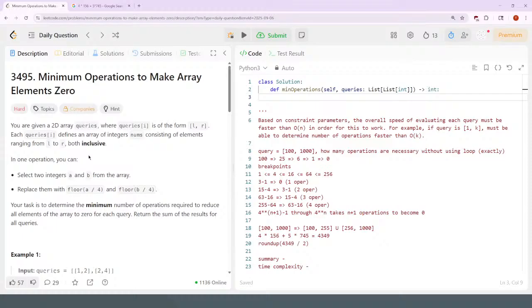I still have to identify powers. I can take the log base 4 of each number to identify the lower bound power of 4 and the upper bound power of 4.